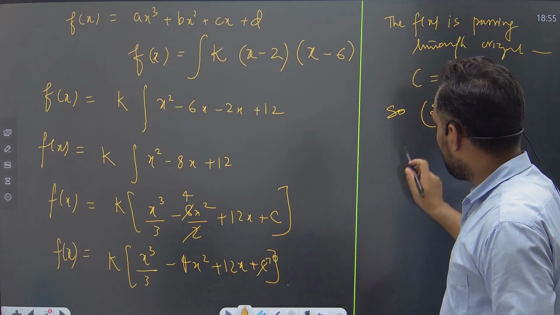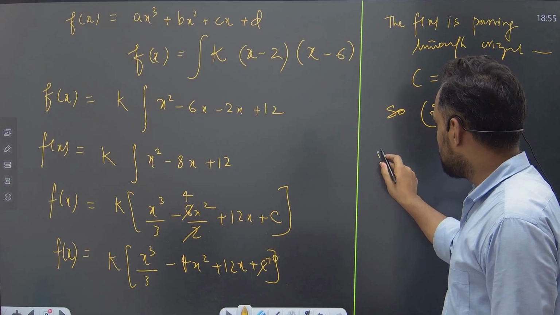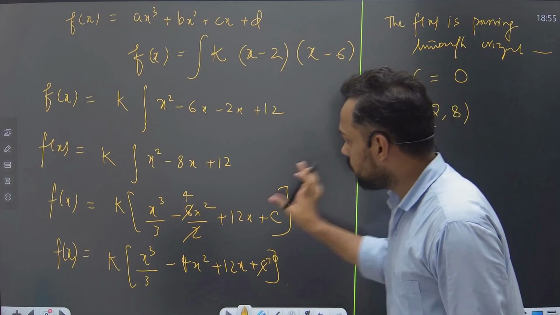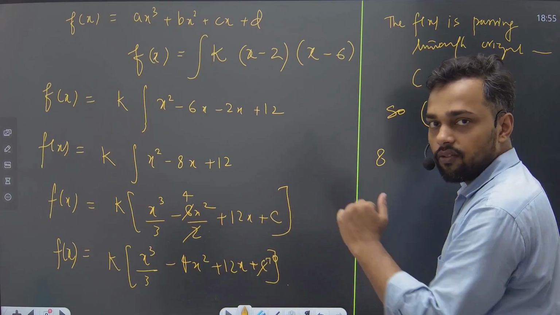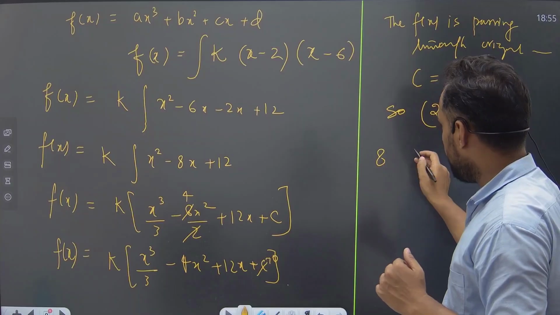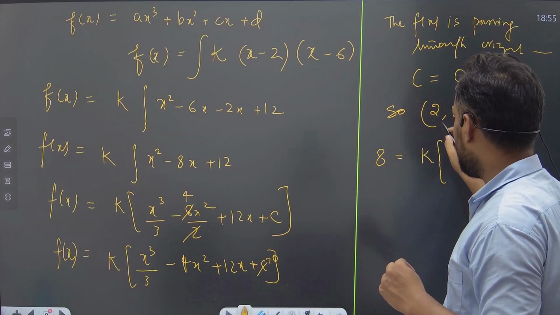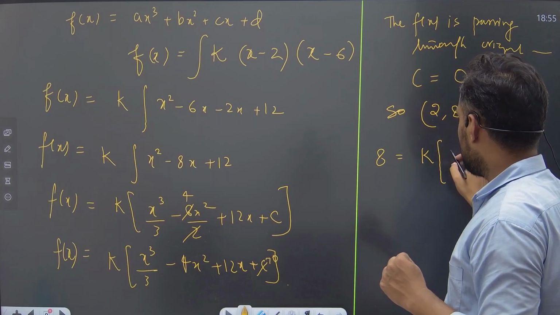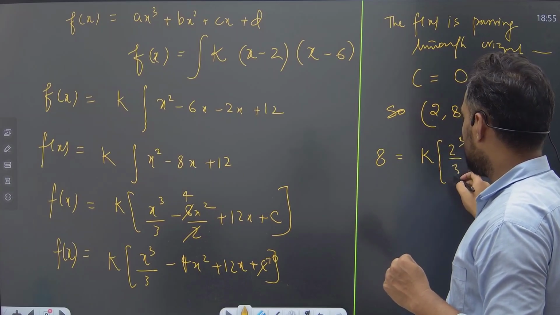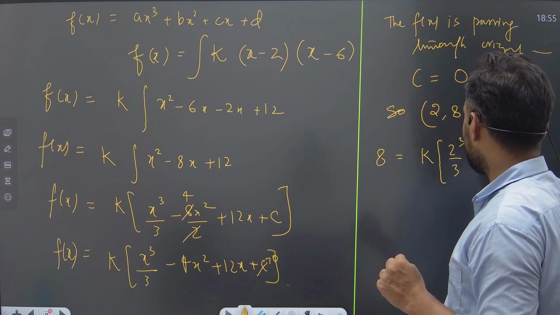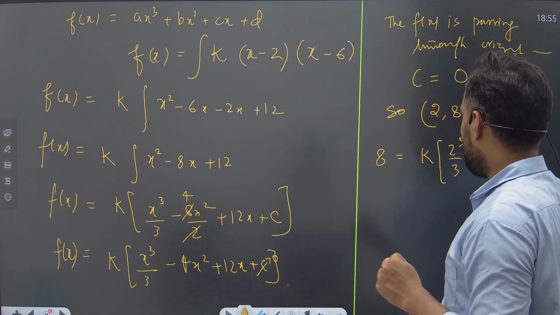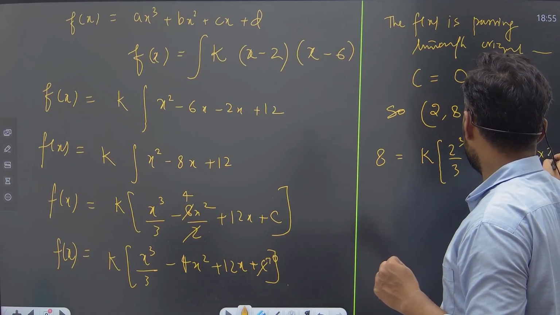Now 2 comma 8, so 8 is equal to, we are plugging this value here. f(x) will be the y value, so y will be 8, and k times x cube by 3, x is here 2, so 2 cube by 3, minus 4 times x square, that is 4, plus 12 into 2.